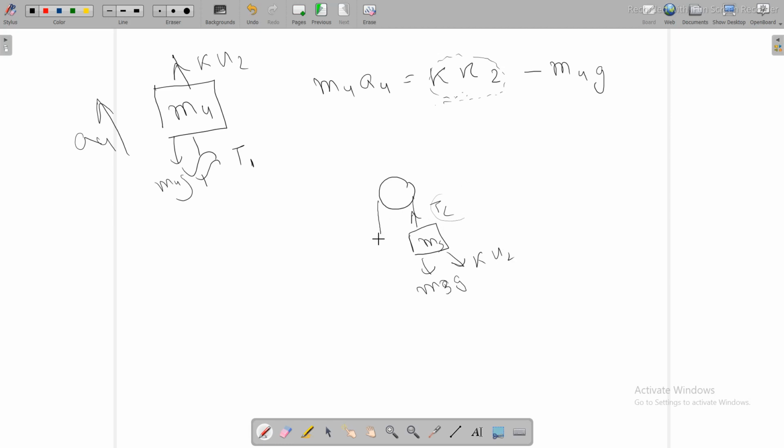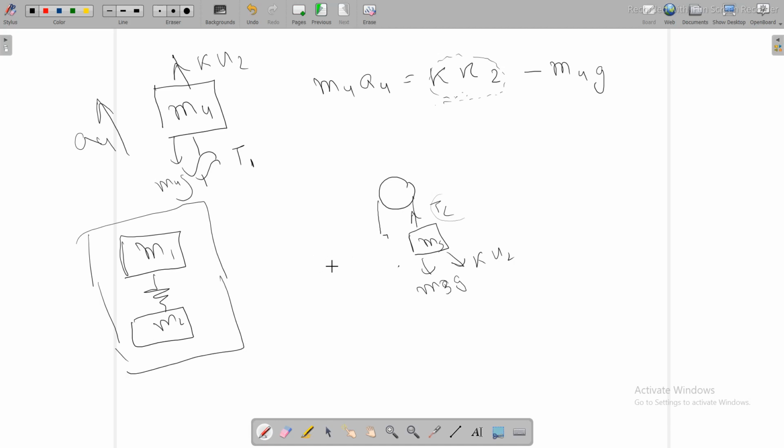And t2 can be calculated if we consider m1, the spring and m2 as one system, then the force due to the spring gets cancelled.